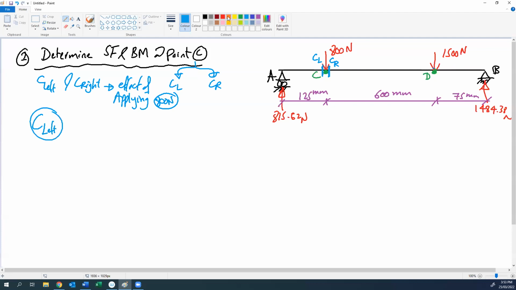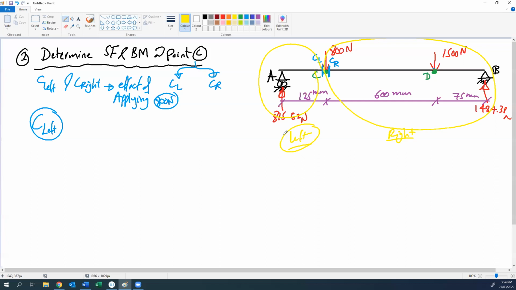If I cut at C left here, we will have 2 parts, the left part and the right part. Which one has less forces or is easy to deal with, the left part or the right part? The left part. So I will only work on this part because it has less forces. It only has 1 force.